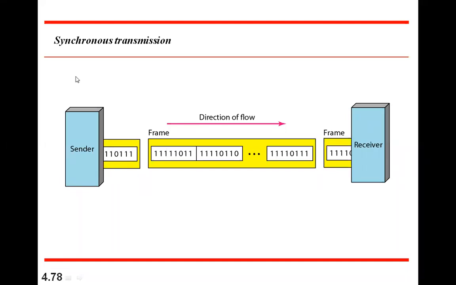The third variety is isochronous transmission. When we have multiple types of information we are sending, let's say video: video comprises image frames and audio also, right? When both are combined, then only it becomes a real video. So there should be perfect synchronization between the audio frames and the image frames you are sending.